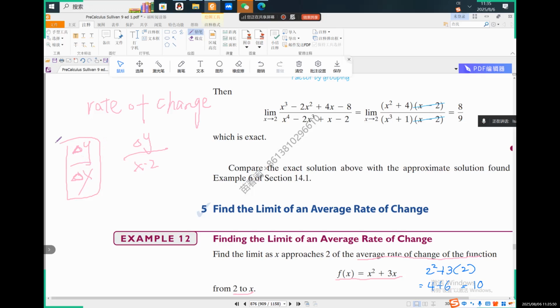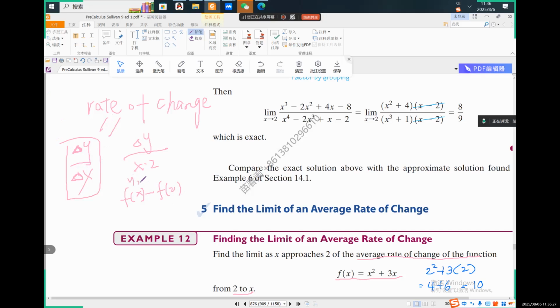I still don't really get the change in y. If the rate of change is delta y over delta x, how do we find delta y? So I have to find delta: x minus 2.